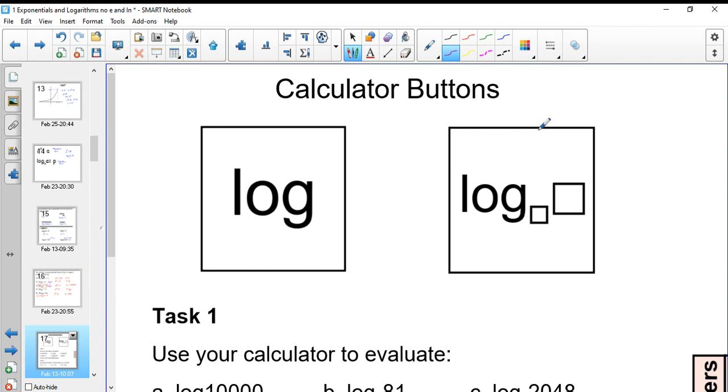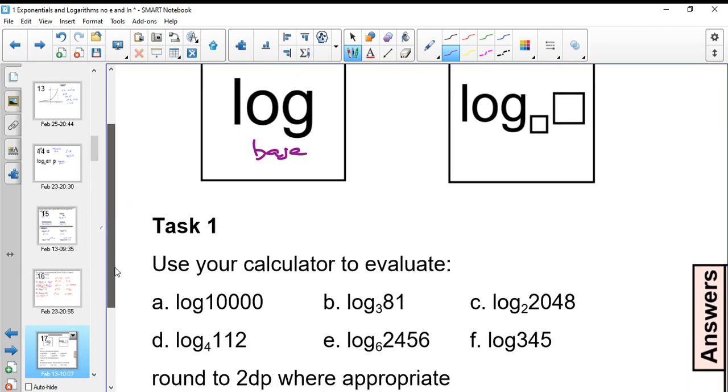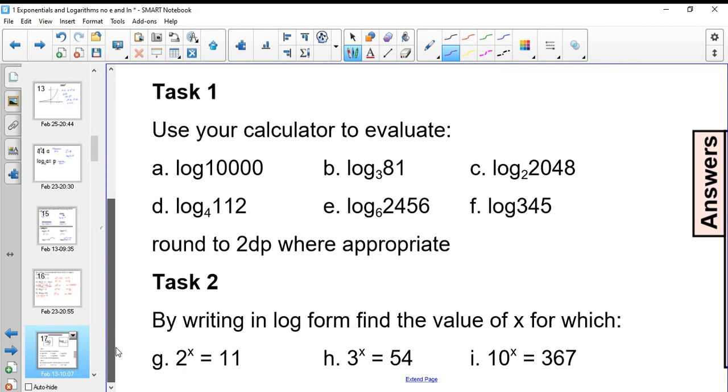So calculators, on the new calculators, we've got that button. On older calculators, we have both. This will be base 10. On the Casio ClassWiz, we just have this button here. So this is for the base, and this is for the answer. So what I would like you to do is find your button and do both of those tasks.